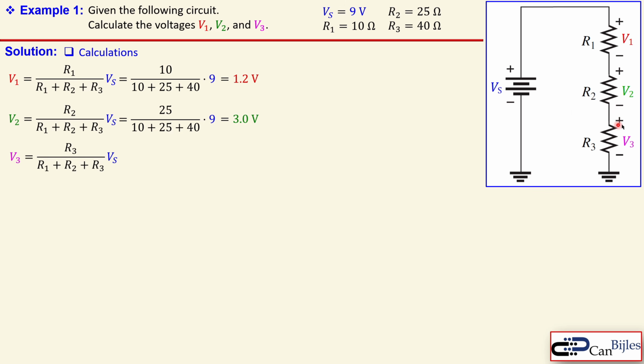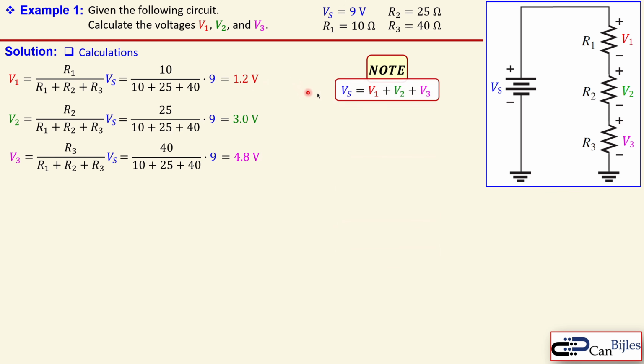The final one, which is V3, is similar to what we have done before. Again, now only R3 divided by the complete set times Vs, which is then 40 over the total resistance times 9. That will give us 4.8 volts. Now there's an observation we can note here.